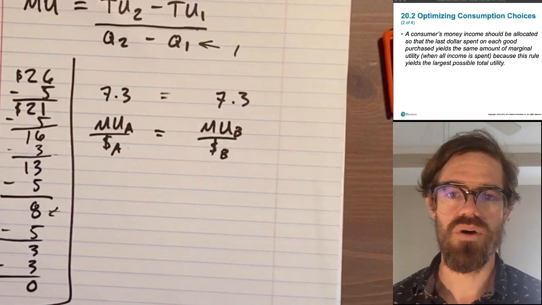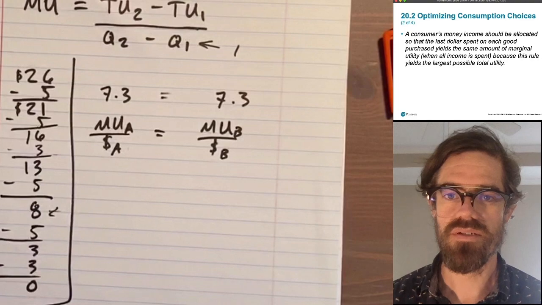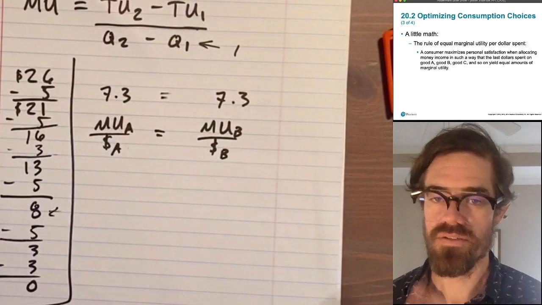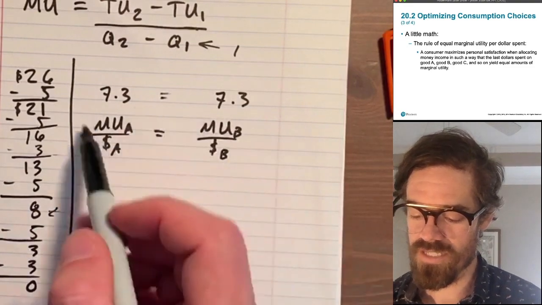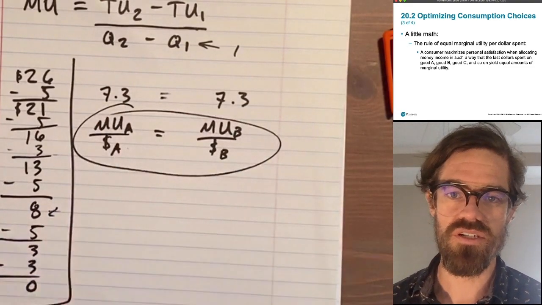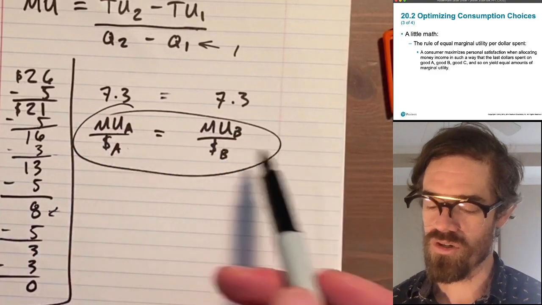So let's think about why that should be true in a consumer optimum. Now, this is true for all types of goods, but we're going to simplify it and just assume that there are only two goods. But if there were many goods, this should still be true across all goods.